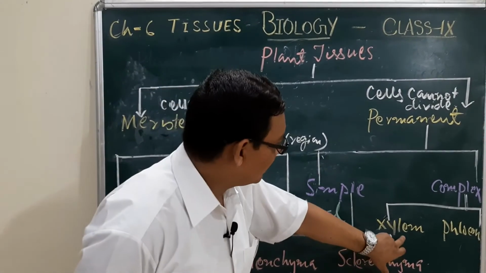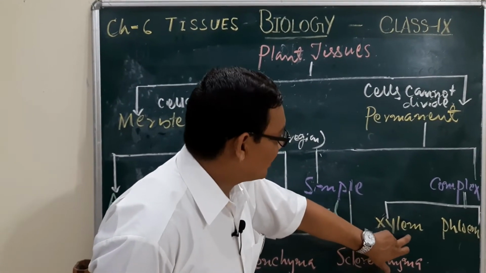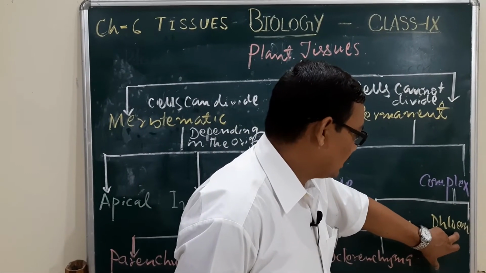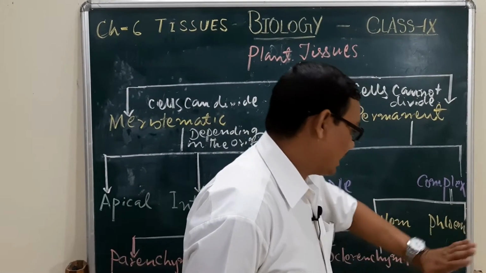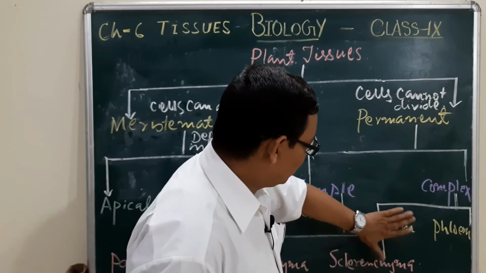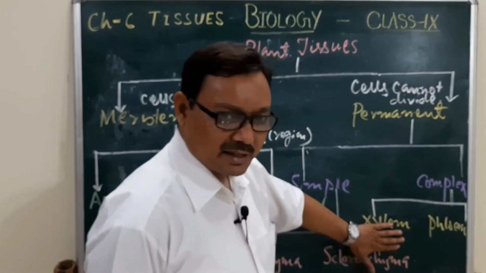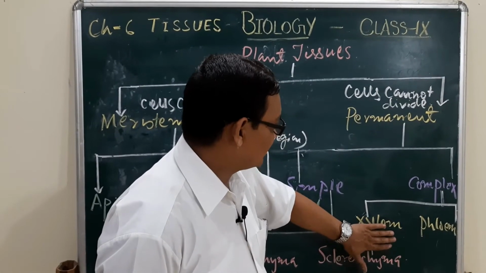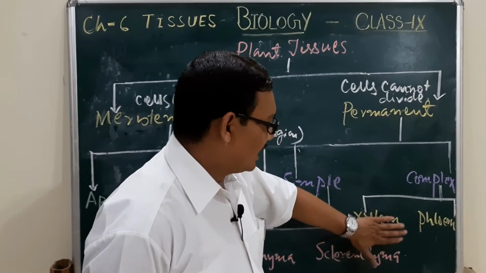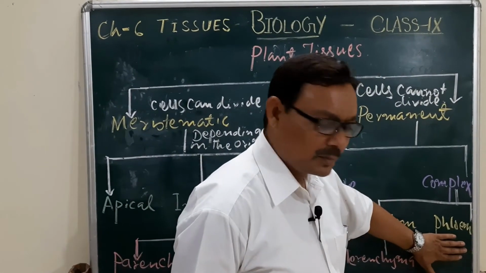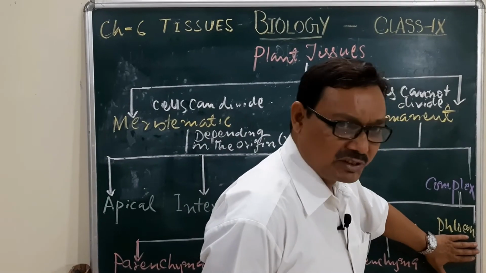Xylem has 4 different elements, and phloem also has 4 different elements. Out of these 4 elements, the majority of the component parts of the xylem are dead, and the majority of the elements of the phloem are composed of living cells.